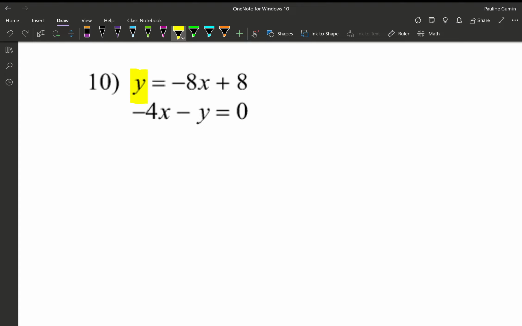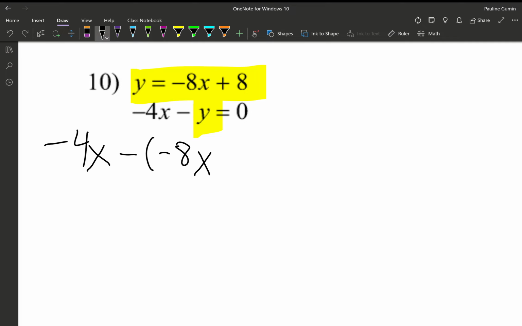I'm talking to myself. We're going to plug that y equals into the second equation. So we have negative 4x minus parentheses negative 8x plus 8, and that equals 0. We need to distribute, but there's no number in front of the parentheses.